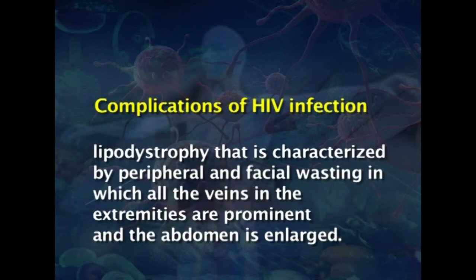In recent years, several clients have developed a syndrome of lipodystrophy that is characterized by peripheral and facial wasting, in which all the veins in the extremities are prominent and the abdomen is enlarged.